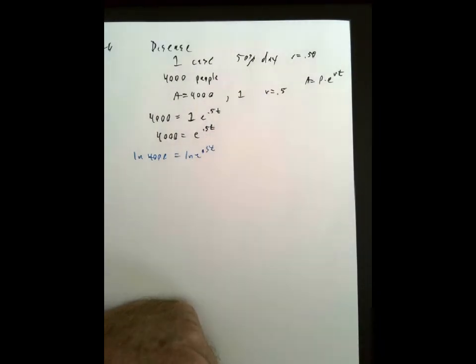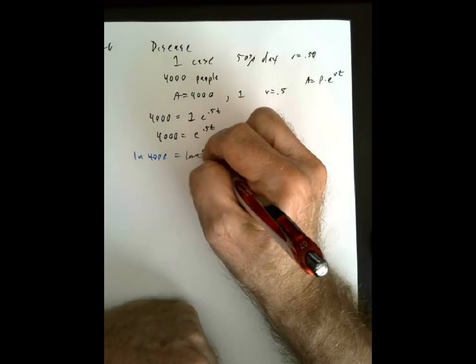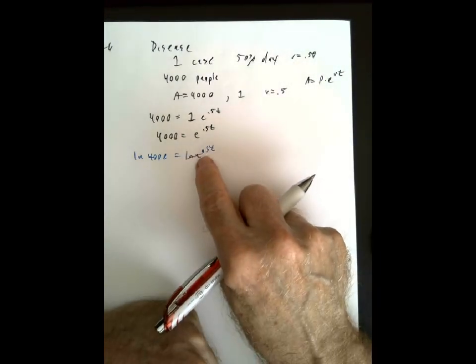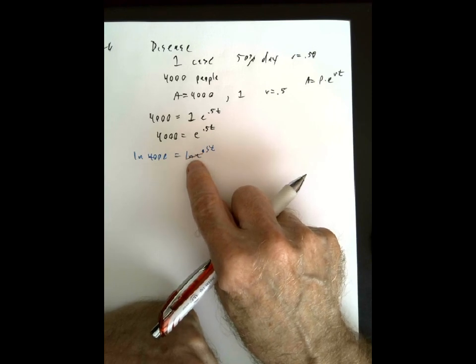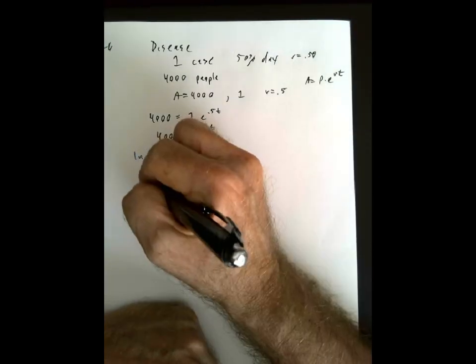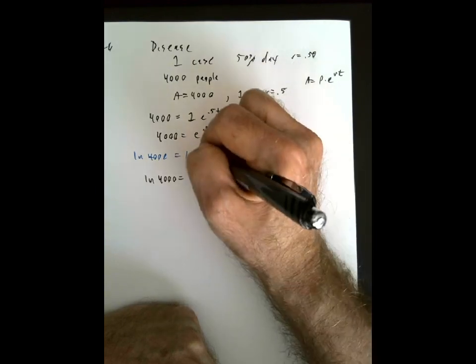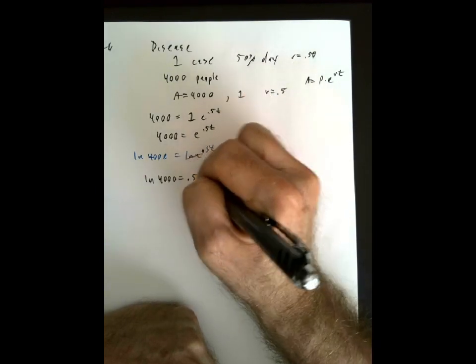And oh look, again, ln e cancels out because the exponential base and the log base cancel each other. So now we've got ln 4,000 is equal to 0.5t.